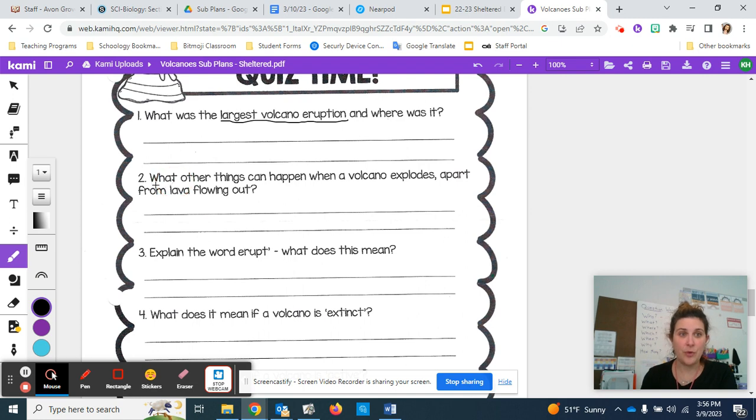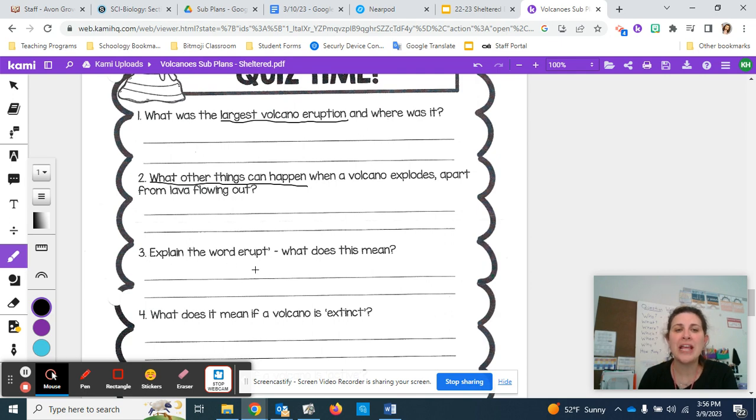La segunda. What other things can happen when a volcano explodes? Cuando hay una erupción, otras cosas se pueden ocurrir, right? Otras cosas. So, what other things can happen? La primera página tiene la información.